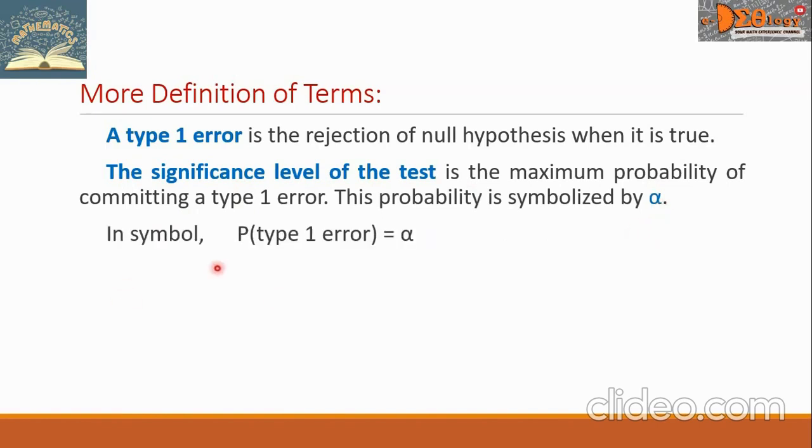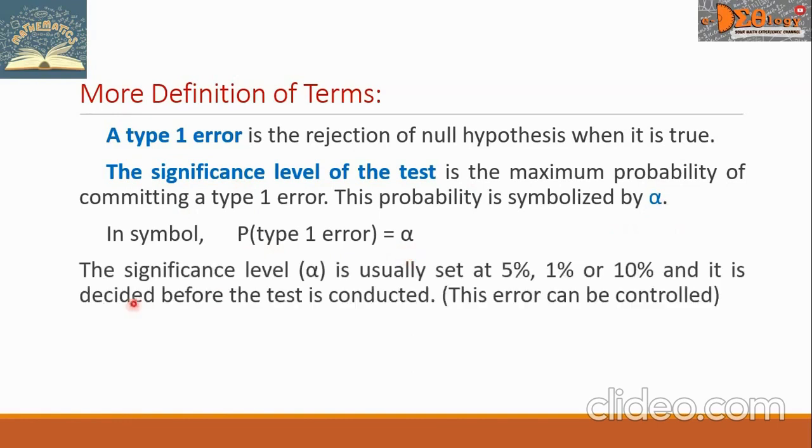In symbol, P of type 1 error equals alpha. The significance level alpha is usually set at 5%, 1%, or 10%, and it is decided before the test is conducted. We say that this error can be controlled.